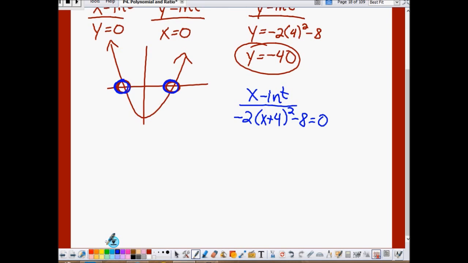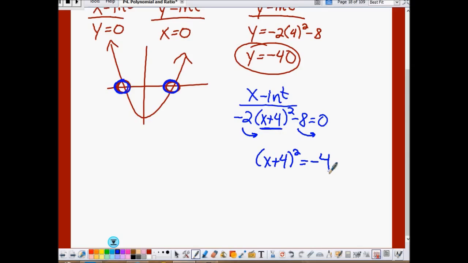To solve this equation, whatever you do, don't square out x plus 4. You're making your life so much harder. Move 8 and move -2. To move 8, we're going to do plus 8. To move -2, we're going to divide by -2 because it's multiplied. What do you get on the right side? -1.